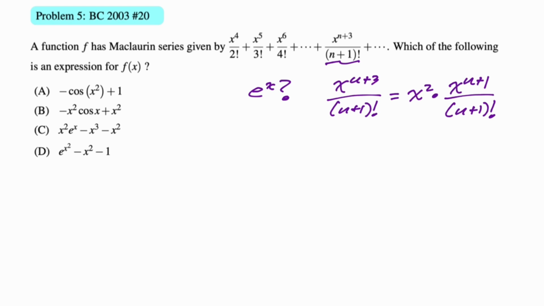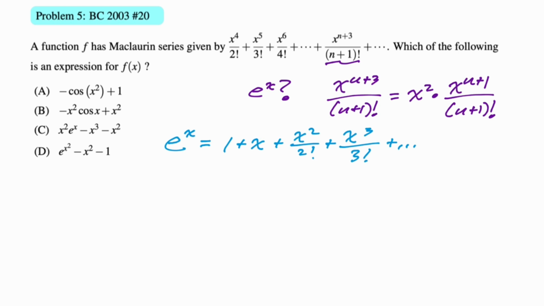I'm pretty convinced this is e to the x somehow at this point. I think the answer is C or D. I'd have to be shown that I'm wrong to admit defeat on that. So e to the x is 1 plus x plus x squared over 2 factorial, etc. If I take this and multiply it by x squared, the reason I'm choosing to multiply by x squared is because I said the nth term was x squared times this thing.